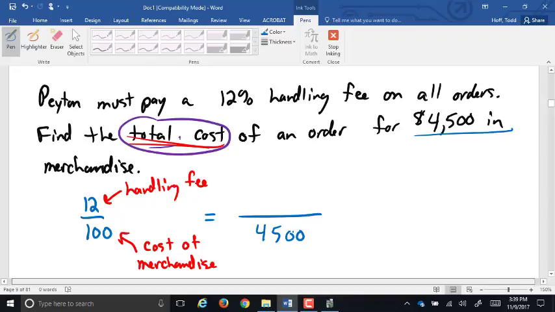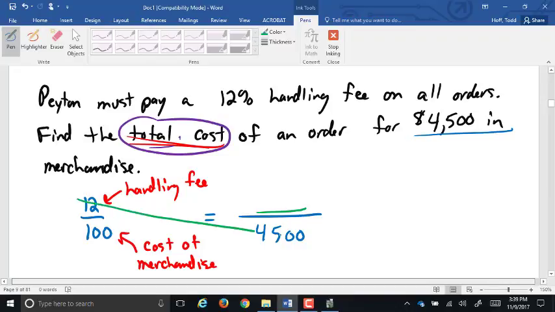So now before we cross multiply and divide here, what we're going to get is the dollar amount of the handling fee. Is that what we're looking for? No, we are looking for total cost. If I know the handling fee, can I use it to find the total cost? Yes, I can.